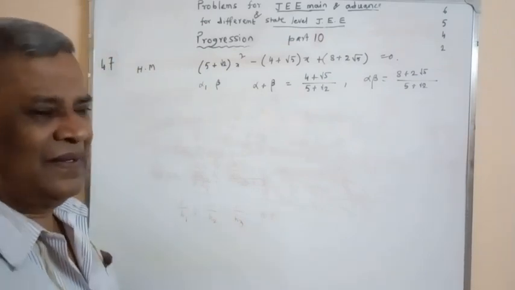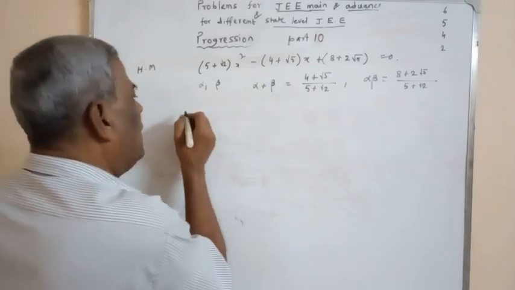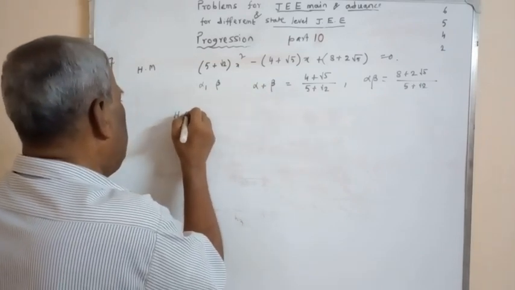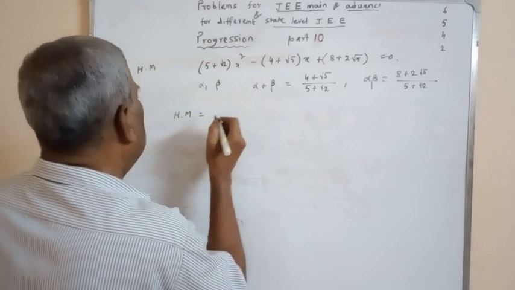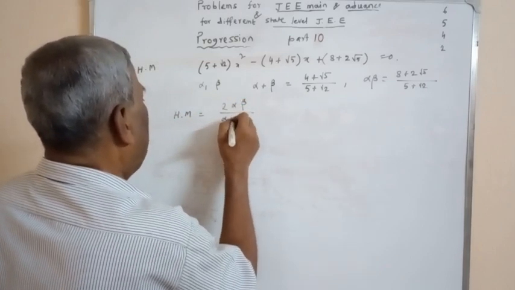Harmonic mean must be equal to 2 alpha beta by alpha plus beta.